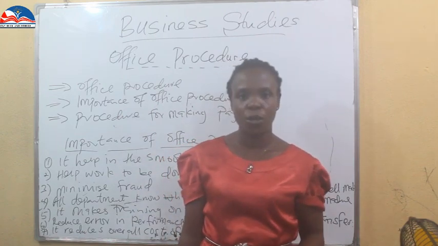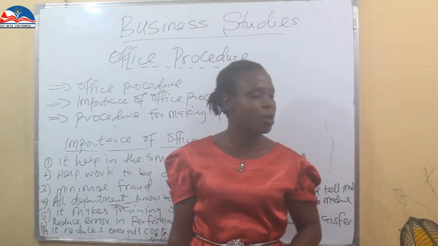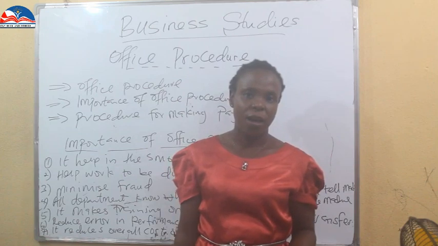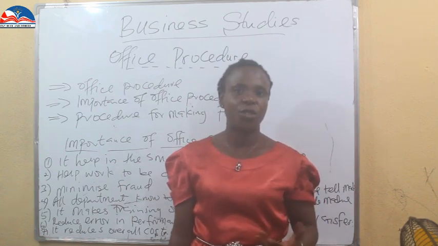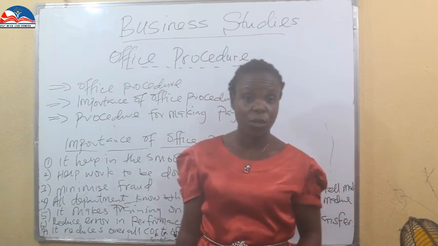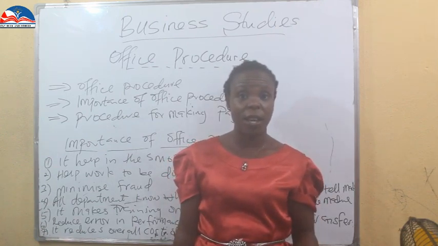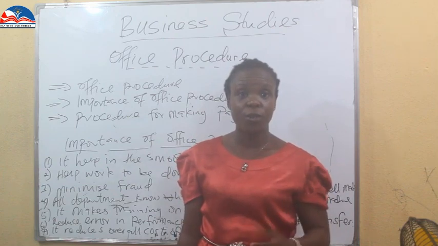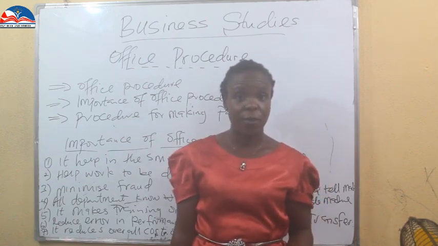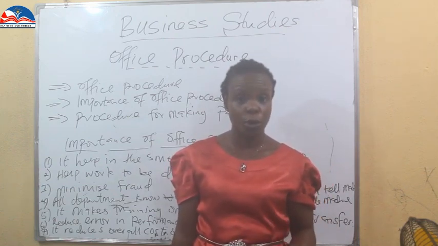You're following procedure, so wastage is reduced to its minimum. Time wasting is reduced to its minimum because you are following procedure. Manpower usage is going to be less because you know the procedure to follow.